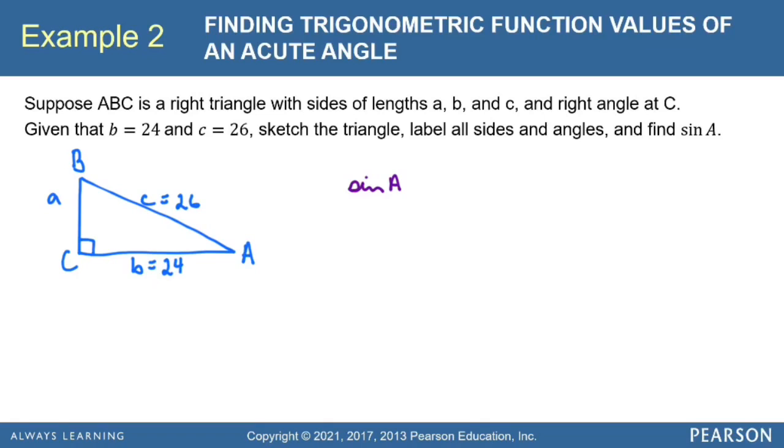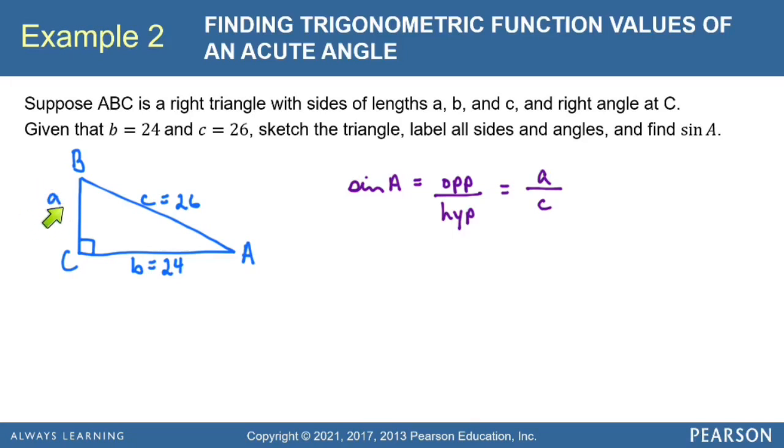So we know that the definition of the sine of A is opposite over hypotenuse. And so for this triangle, that's going to be a over c. Now, of course, we don't know the length of side a yet, so before we can finish the problem, we'll need to use the Pythagorean theorem to find the length of the unknown side.